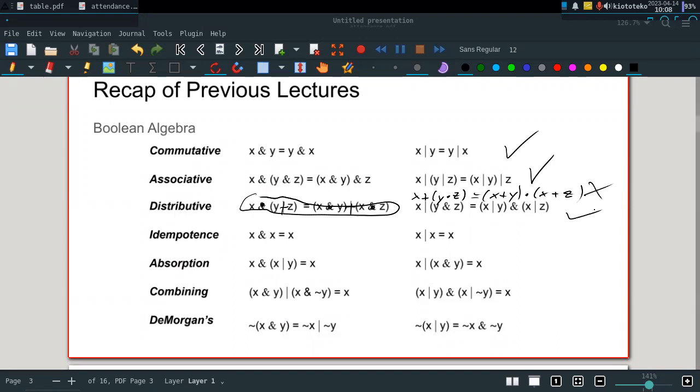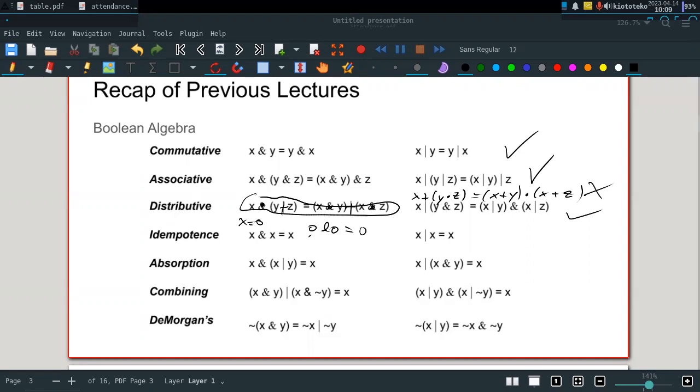Okay. So we also have idempotence, or however it's pronounced. X and X is equal to X, and X or X is equal to X. Does everyone understand why this is? What happens if we have X equal to 0? What would this result in? 0, because X is 0. What's 0 and 0, if you remember your truth table? 0 and 0 is 0.